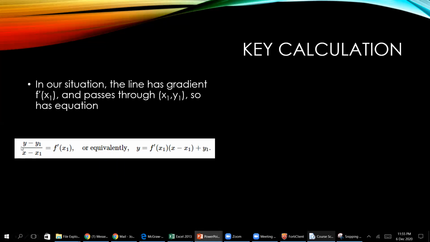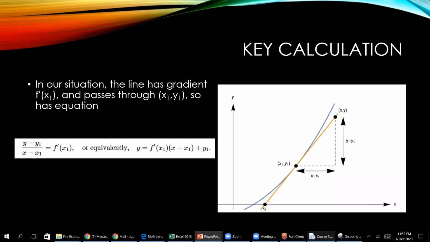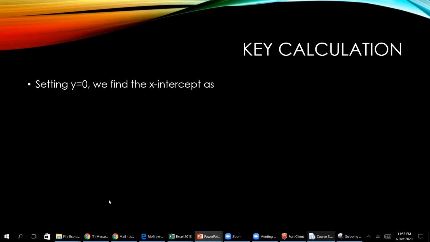Based on this graph, this is how we determine y minus y sub 1 and x minus x sub 1. And now we know that we are looking for the root, so we set y equal to 0.